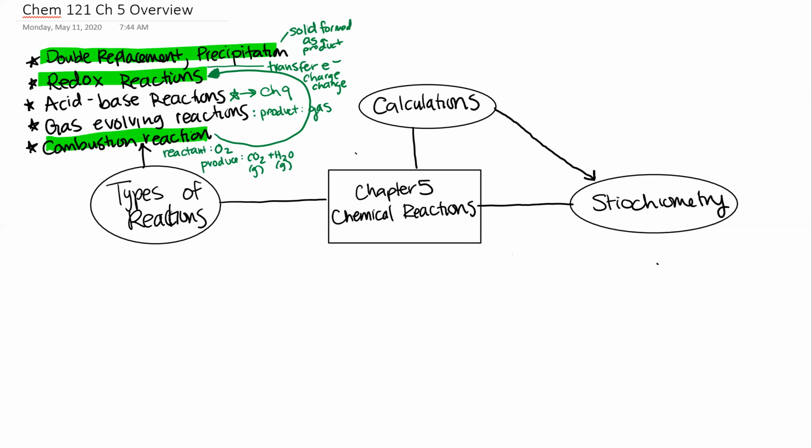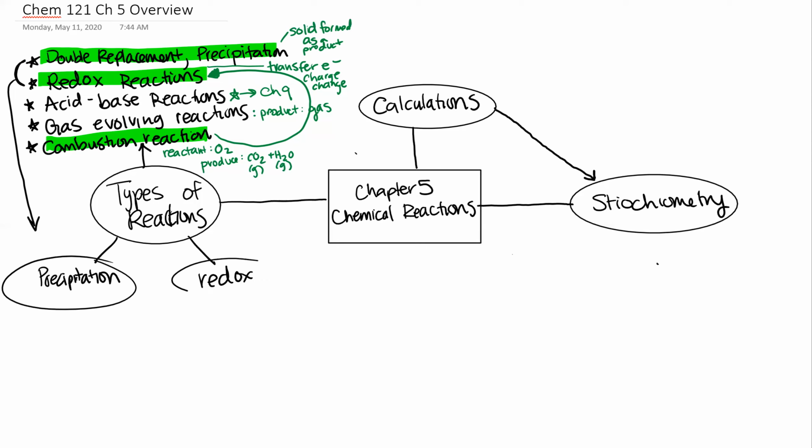Now within this, there's a bit more that we do with double replacement and with redox reactions. So let's look at precipitation first, and then we'll look at redox. So within our precipitation reactions, I would like you to be able to predict the products. And that's going to involve exchanging your ions.